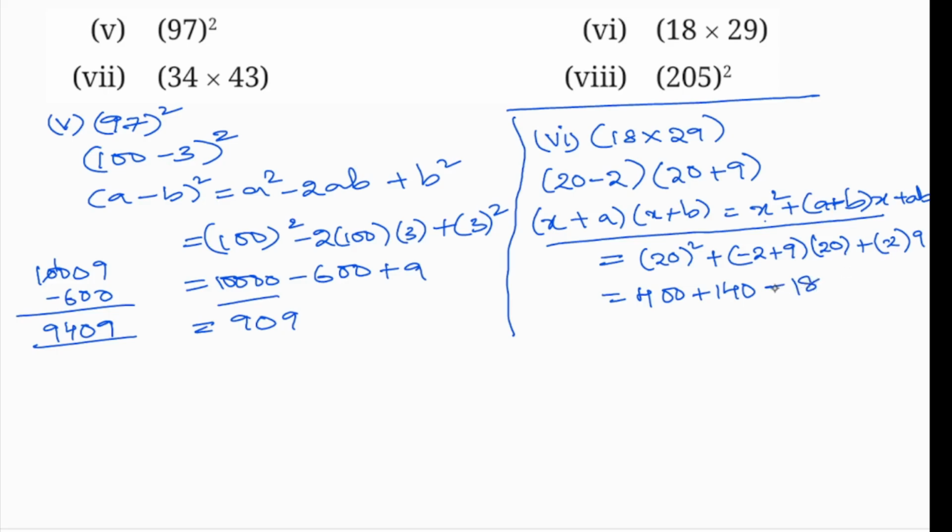Now let us subtract. First we add these two, it will become 540 minus 18. 540 minus 10 is 530, 530 minus 8 is 522.